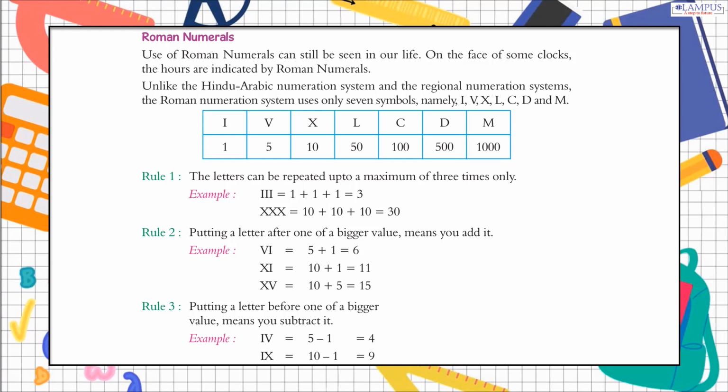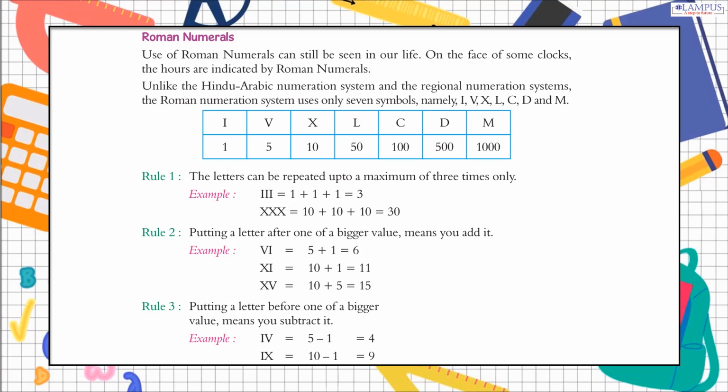Rule 2. Putting a letter after one of a bigger value means you add it. Example: VI equals 5 plus 1 equals 6, XI equals 10 plus 1 equals 11, XV equals 10 plus 5 equals 15. Rule 3.